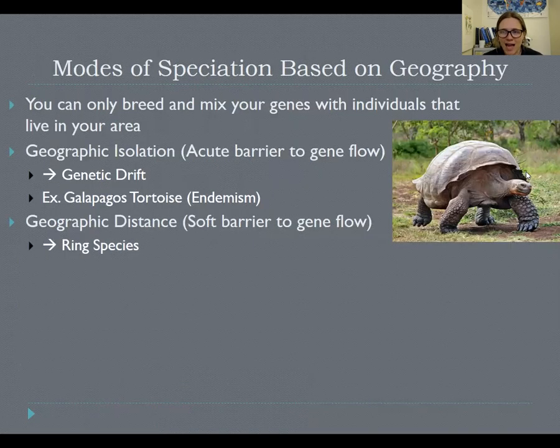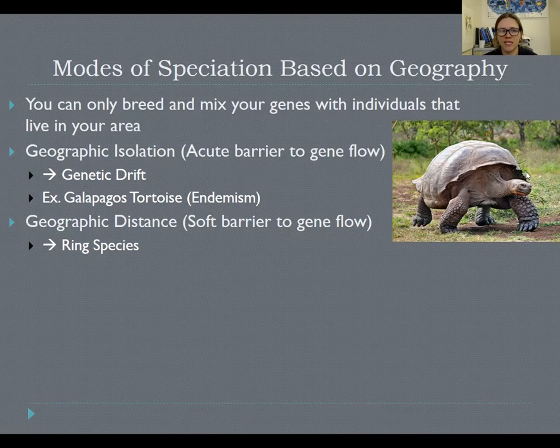Okay, so a lot of times the thing that's leading towards natural selection is not necessarily a change in the environment, which we talked about in the example of the peppered moth, or a change due to competition or interaction within species, which we just talked about. But a lot of times there are modes of speciation that are exaggerated or come to a tipping point because of different geographic relationships among individuals and species.